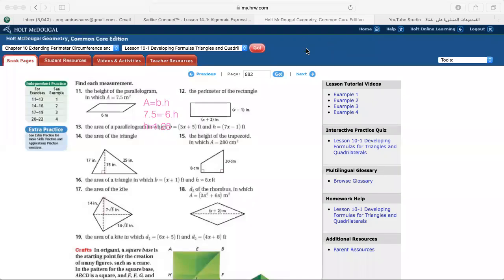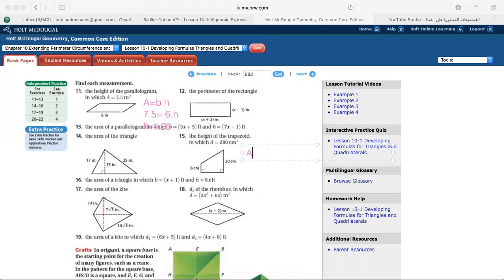Let's solve together number 15. It is required to get the height of the trapezoid in which the area is equal to 280. So what is the area of the trapezoid? Area of the trapezoid is equal to B1 plus B2 multiplied by height over 2.